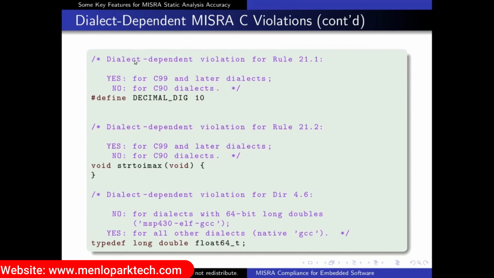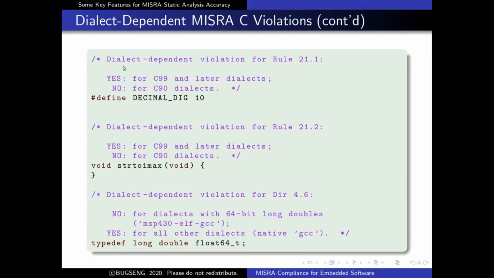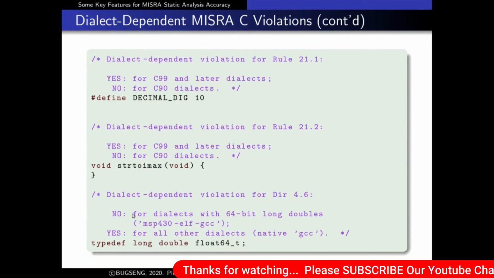Okay, so we have a violation or not, depending on the language standard with which we have configured the tool, which hopefully is the same language standard implemented by the compiler with the options we are actually using for the compilation. Okay, this has to do again with reserved identifiers.